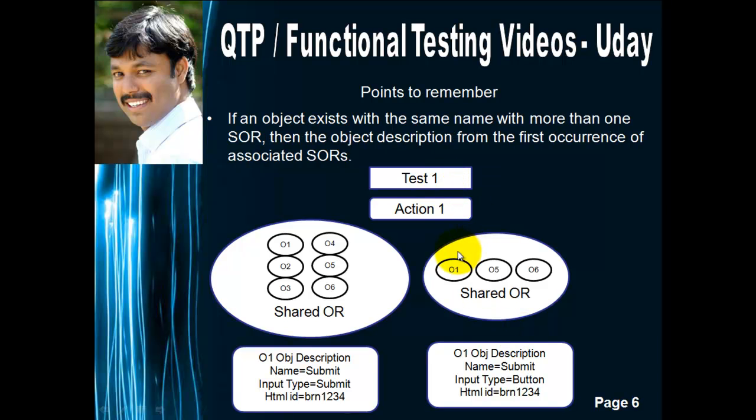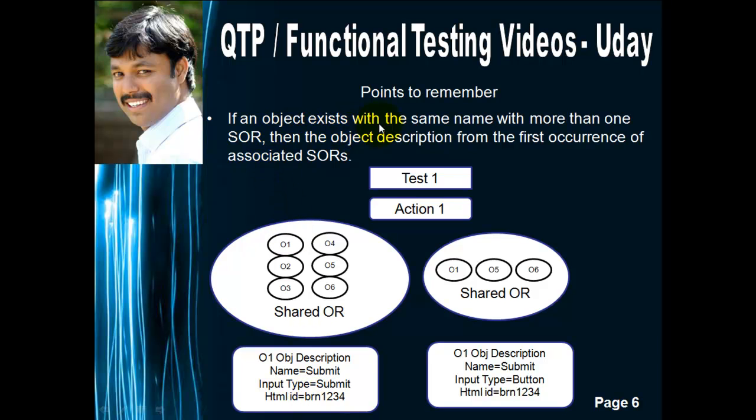And for example, as with my previous functionality, here both of them are shared object repositories. This one is associated first, and after that this shared object repository is associated. Then which one will QTP choose? Because this one is associated before this one, it will use this description.